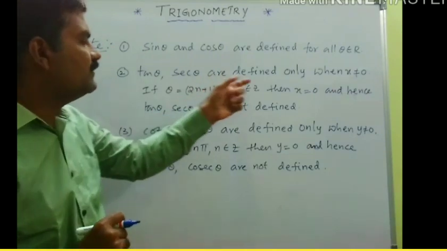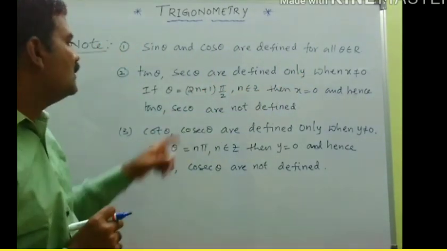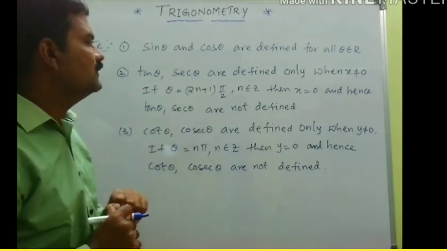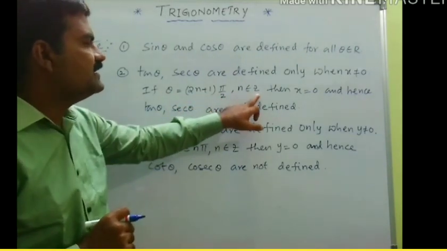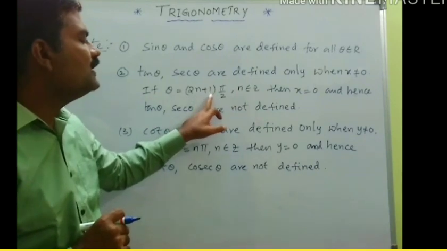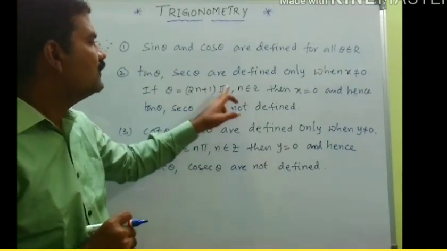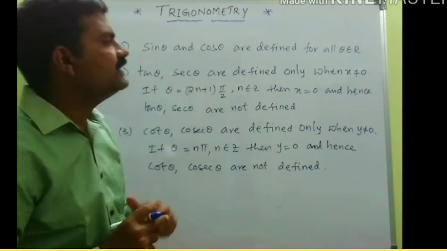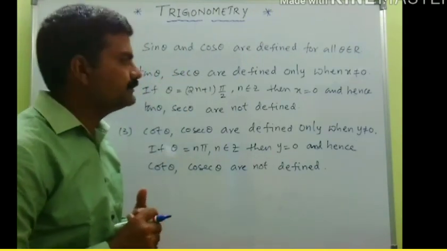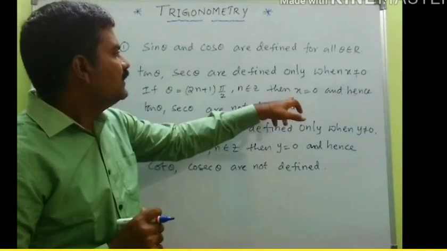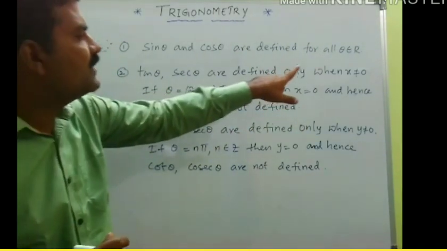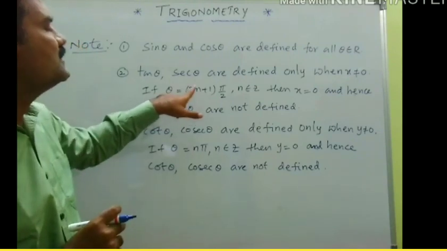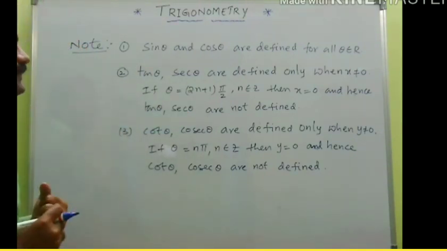That happens when theta belongs to (2n plus 1) into pi by 2, where n is an integer. For this odd multiple of pi by 2, the values of tan theta and secant theta are undefined. That is why theta should be not equal to (2n plus 1) into pi by 2.